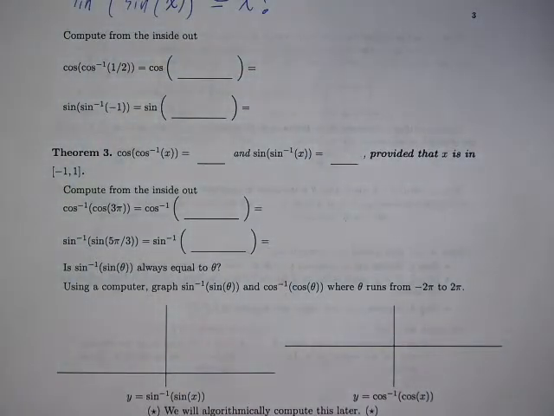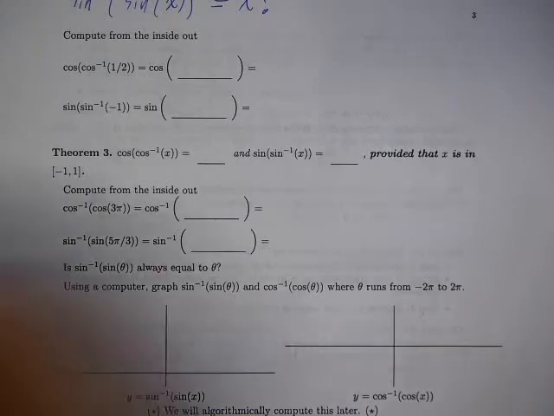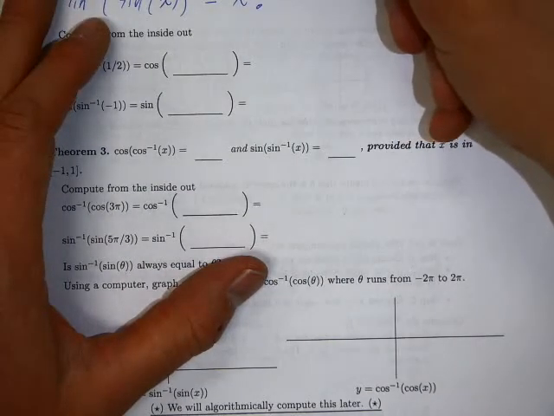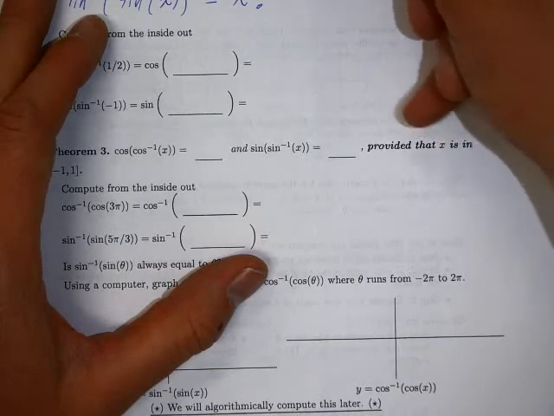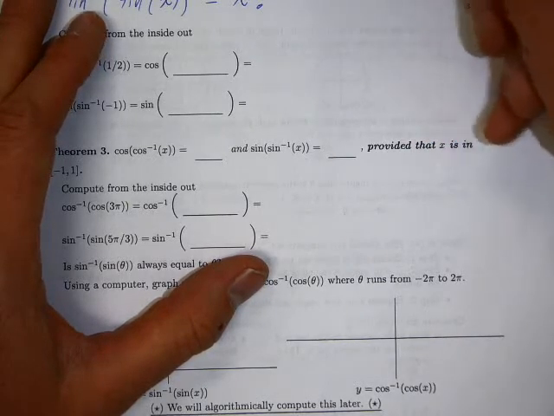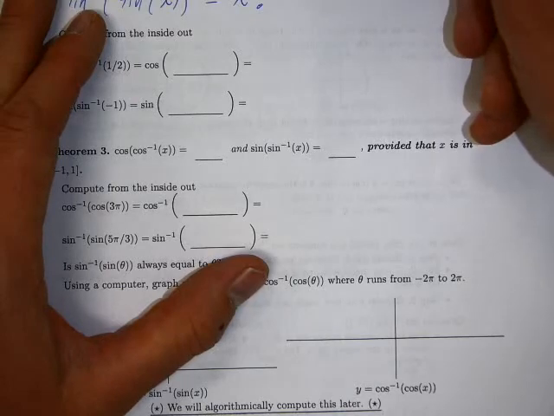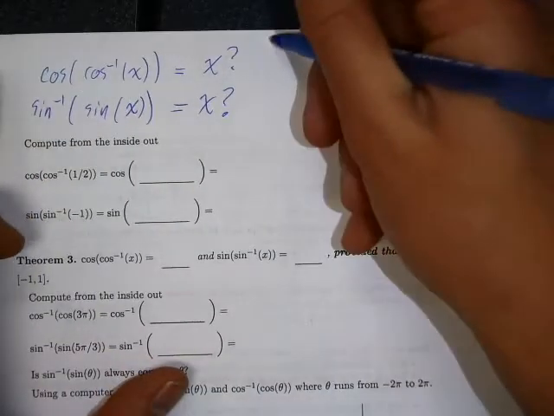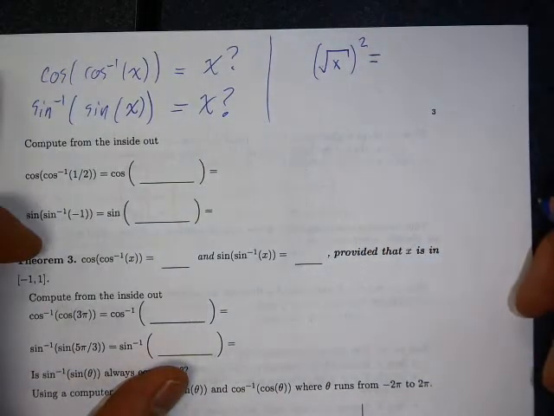Presumably. But you know that something can possibly go wrong. Because if I take the square root of some number x and then I square it, what do I get back? Is that always x?